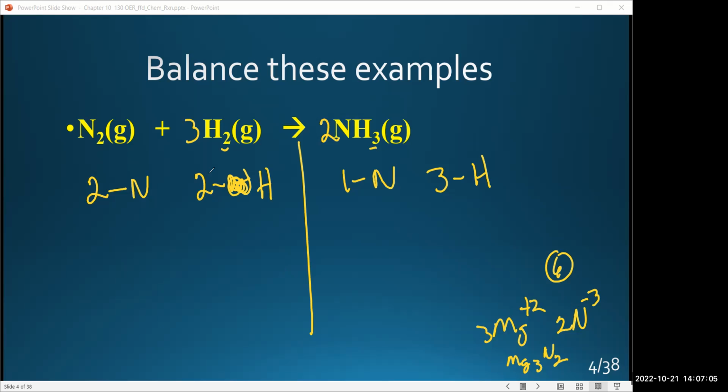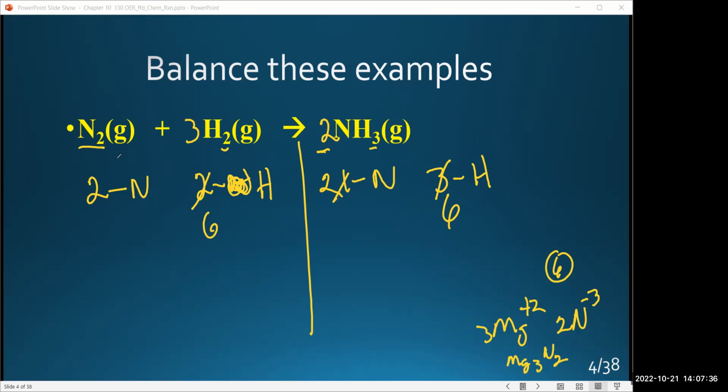Okay, so that means that my 2 now is now 6 hydrogens. And on the right side, now I got 6 hydrogens. And adding the 2 here kicked up my nitrogen to 2, and by default, that balanced out the nitrogen on the reactant side. So it definitely looks like we have a balanced chemical reaction here.